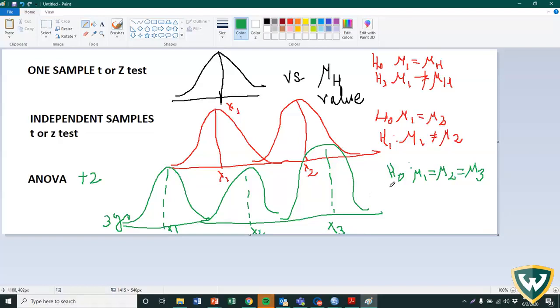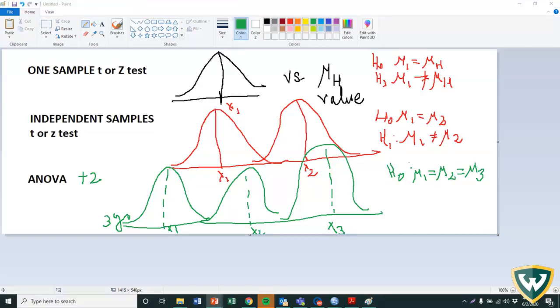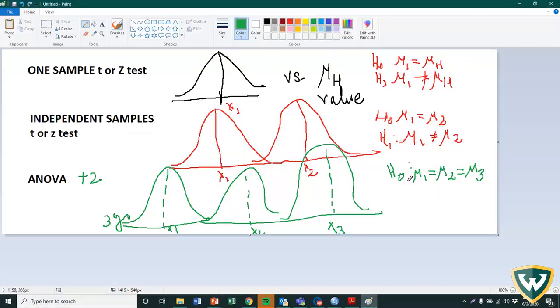However, the alternative changes a little bit here, because the alternative hypothesis is just going to be not null. So it's not unequal signs between all your means, because we will reject the null even if only mu1 and mu2 are not equal to each other and mu2 equals mu3.